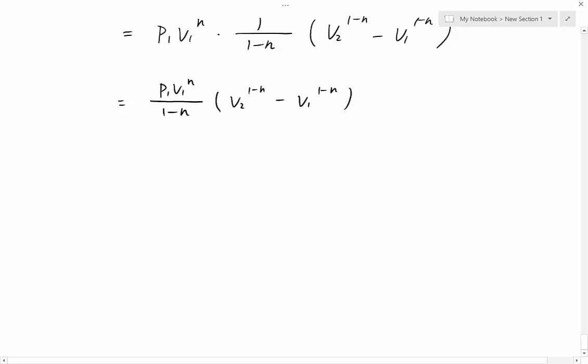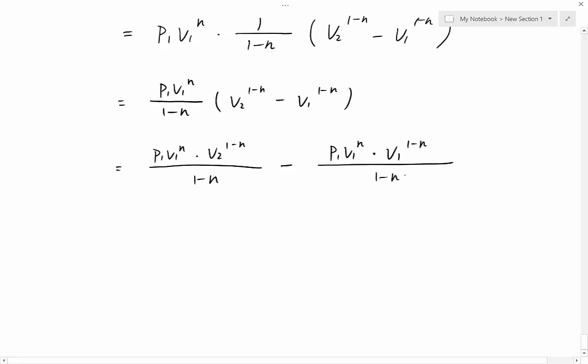Okay, and then expand the right hand side: P1V1^n times V2 to the 1 minus n over 1 minus n, minus P1V1^n multiplied by V1 to the 1 minus n divided by 1 minus n. Now we have expanded the right hand side into two terms.